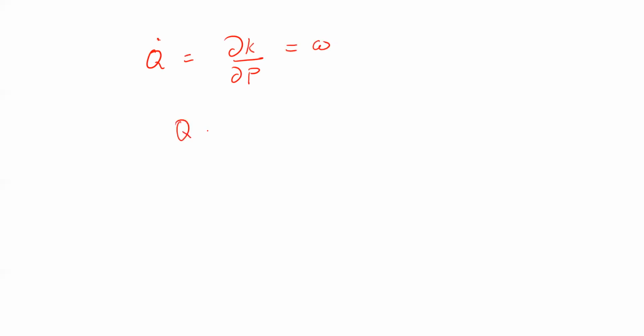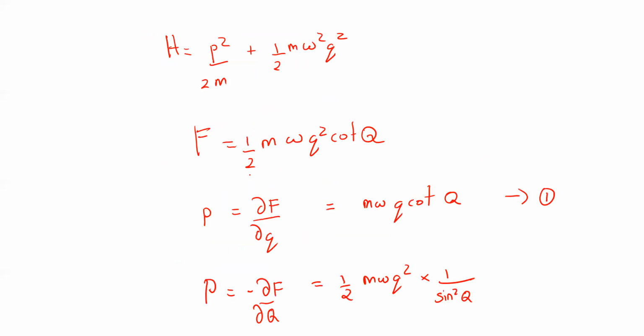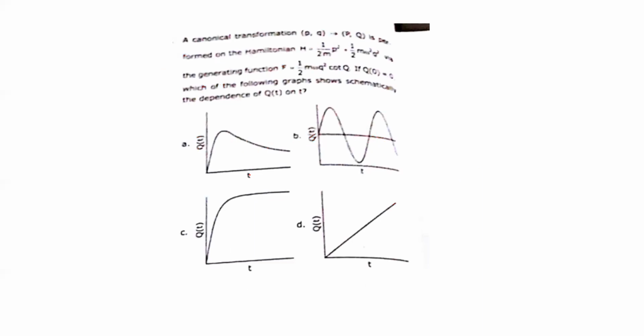Therefore, Q is omega t. So from this we can say that Q is directly proportional to t. So the graph that you would get would be a straight line. So this is your right option.